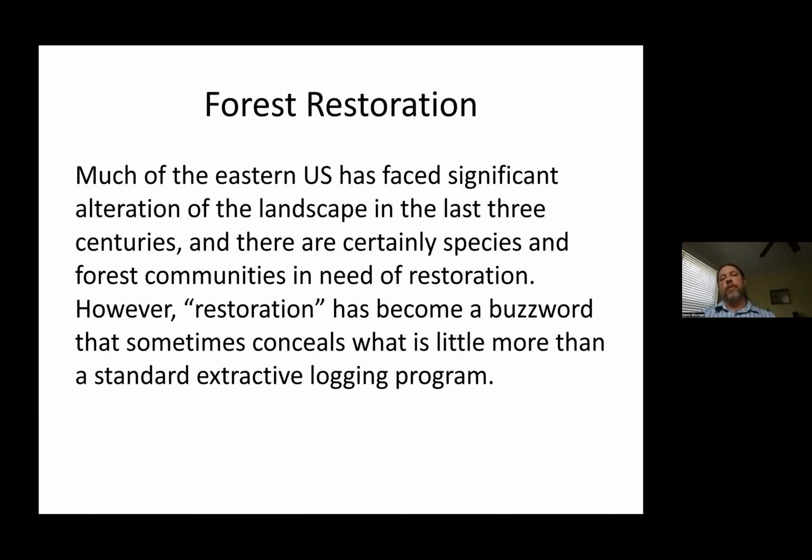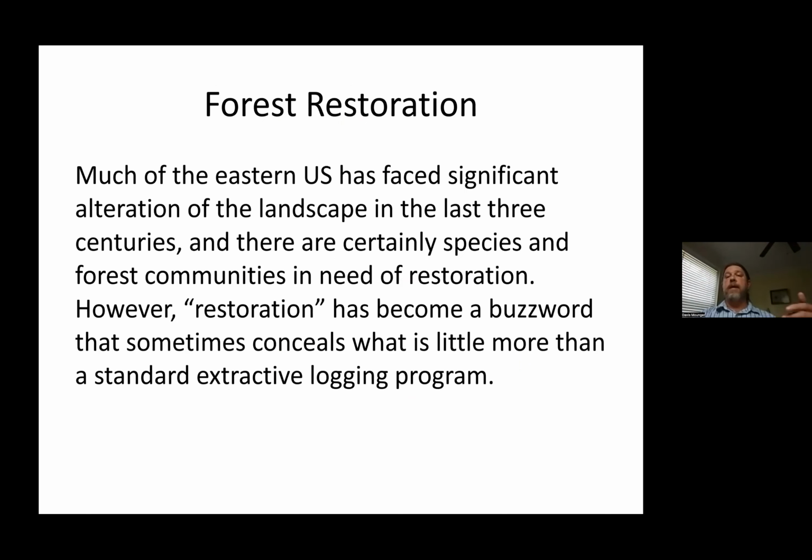The second R that we're going to discuss is forest restoration. This is where it really starts becoming complex. Restoration has exploded as a concept in public lands management since the Healthy Forests Restoration Act of 2003, which did a couple of things.